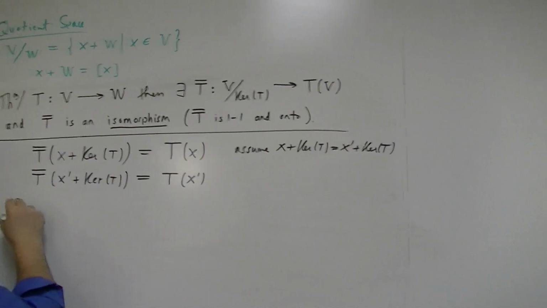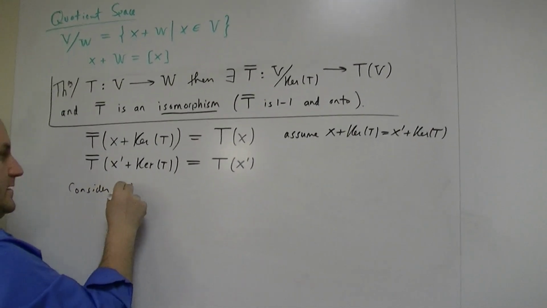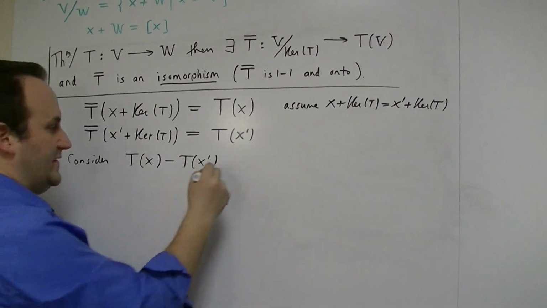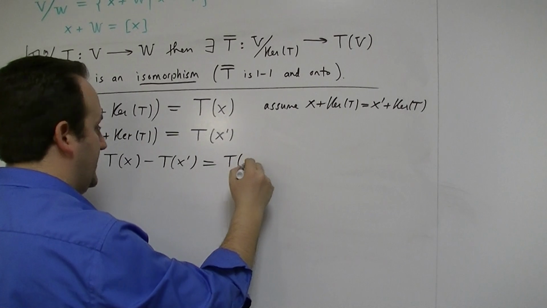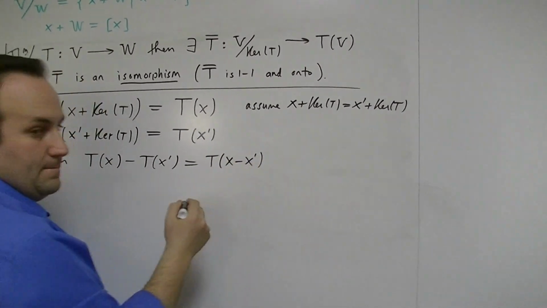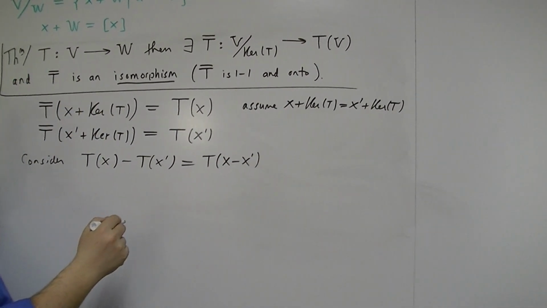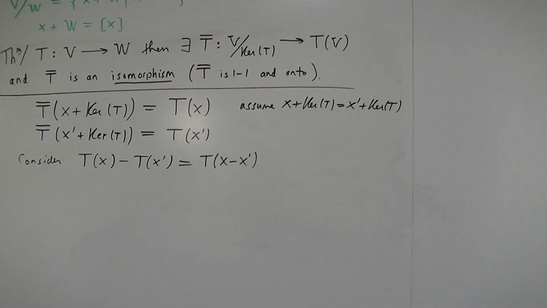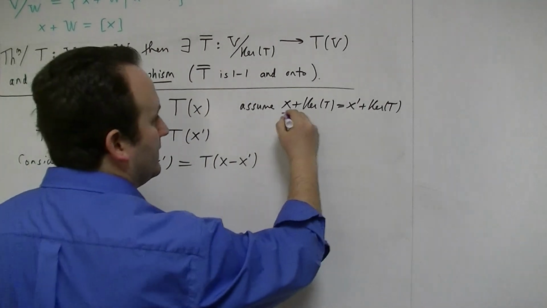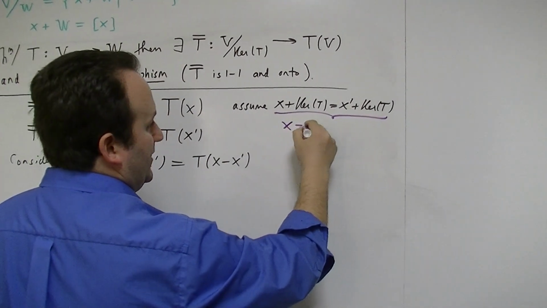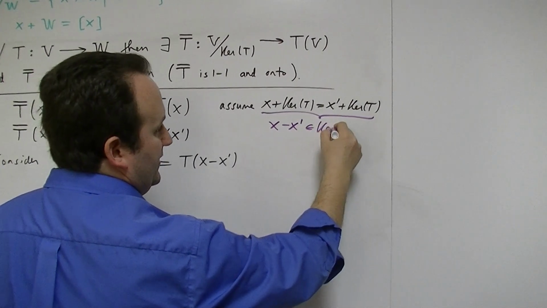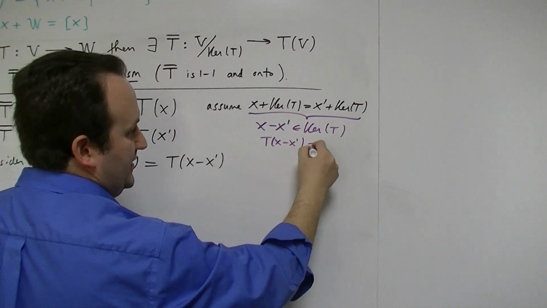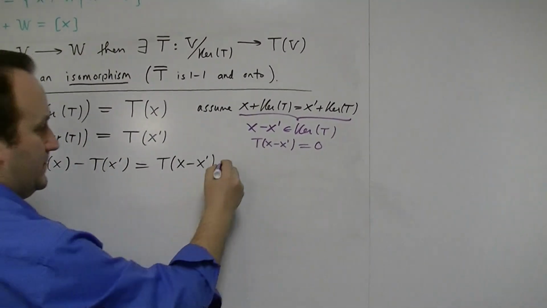So consider the difference of T of x and T of x prime. Using additivity and homogeneity, that's T of x minus x prime. But what do we know about x minus x prime? Since the cosets are equal, x minus x prime has to be an element of the kernel of T, which means T of x minus x prime is 0.